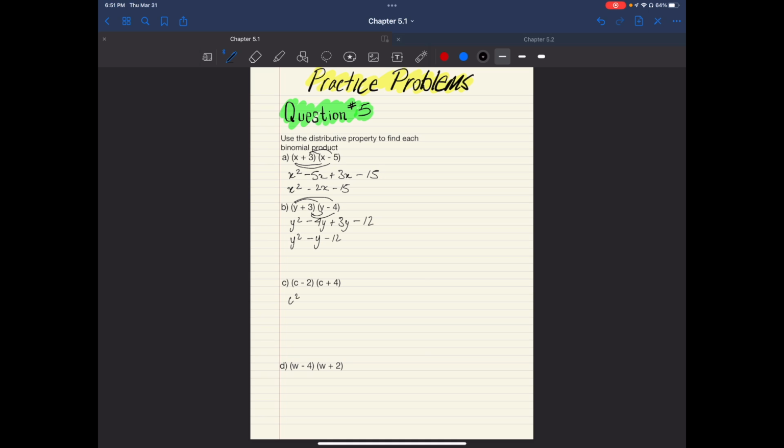So c squared plus 4c minus 2c minus 8, collecting like terms, c squared plus 2c minus 8. Next one, w's. So w squared plus 2w minus 4w minus 8, and collecting like terms, w squared minus 2w minus 8.